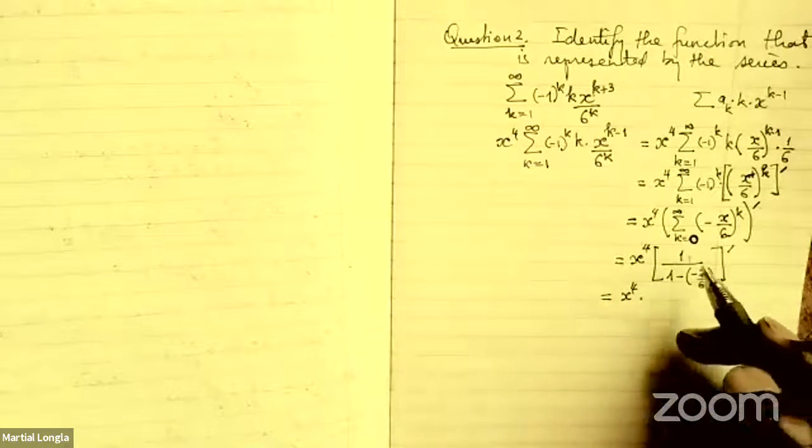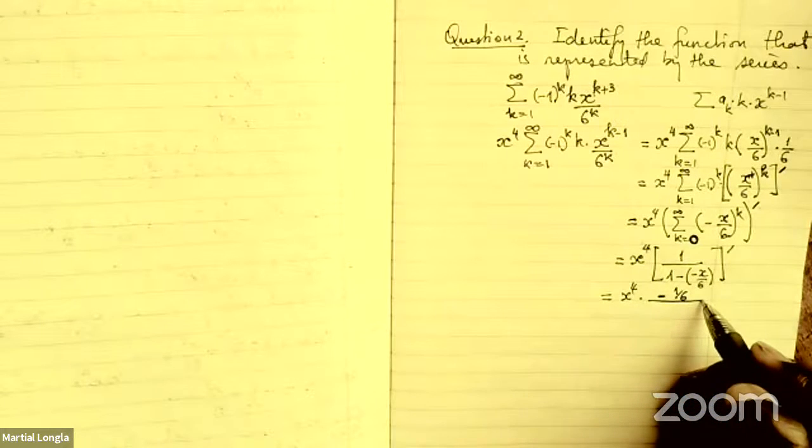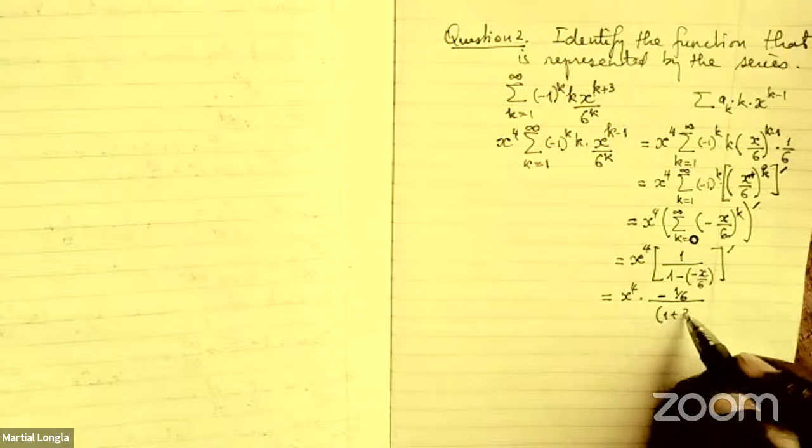Now, after doing this, what you obtain is x to the 4th times the derivative of 1 over this, that's going to be minus the derivative of 1 over 1 plus x over 6. That derivative is going to be 1 over 6 divided by 1 plus x over 6 squared.